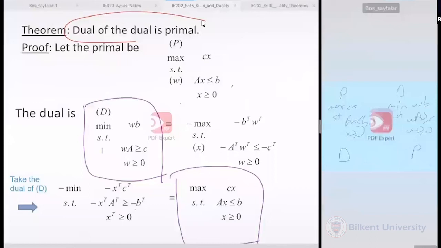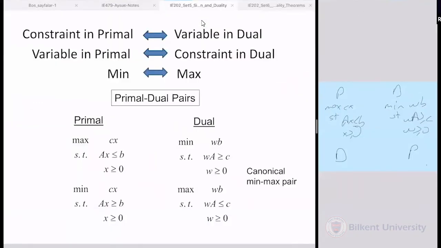Okay, then, this is some sort of a review slide. For each constraint in the primal, I have a variable in the dual. For each variable in the primal, we write a constraint in the dual. And if one of the problems is a min, the other one is a max in canonical forms.